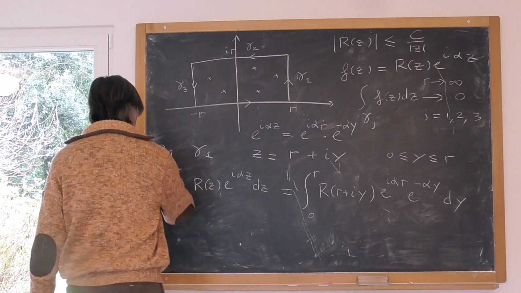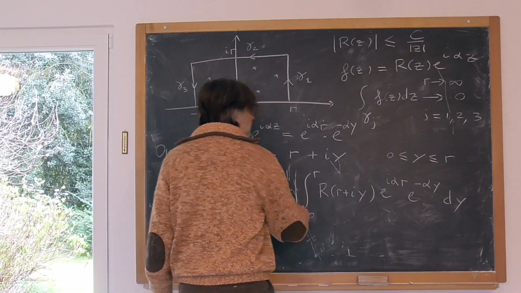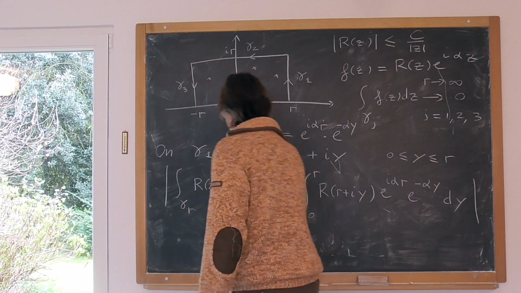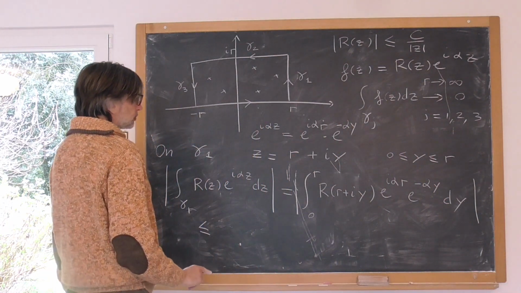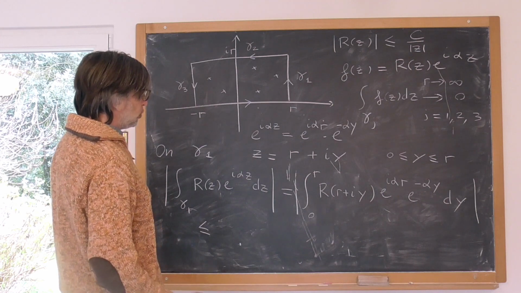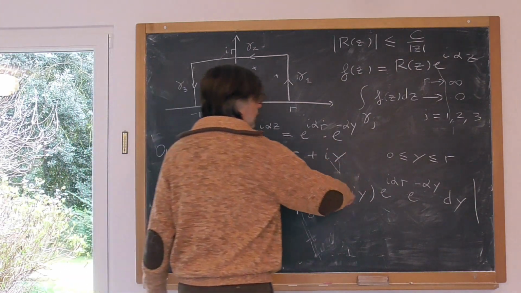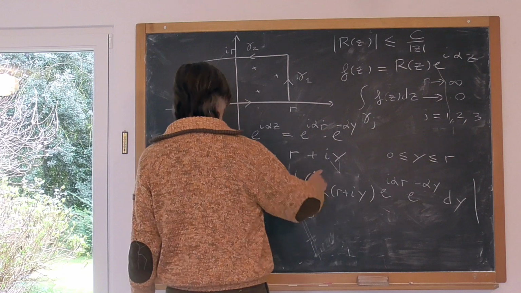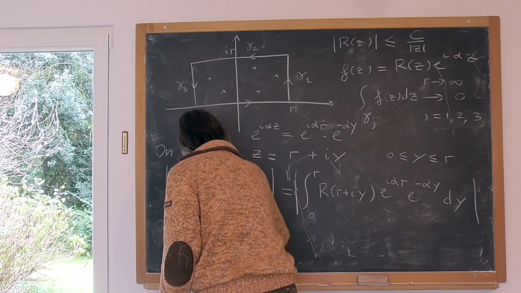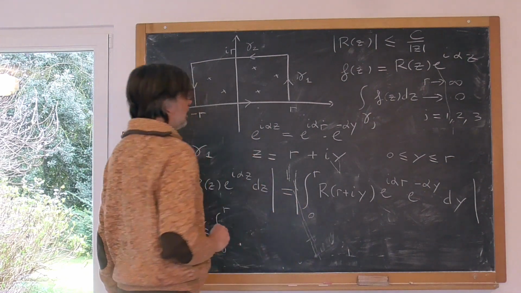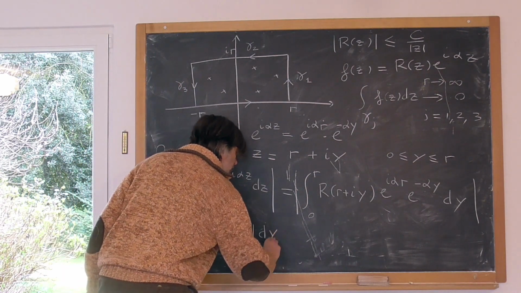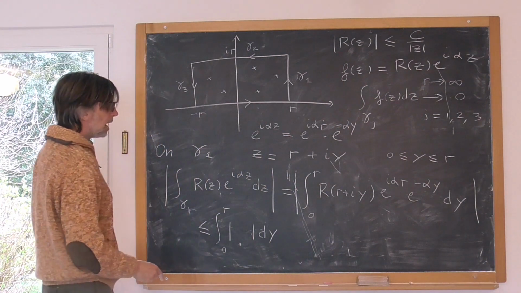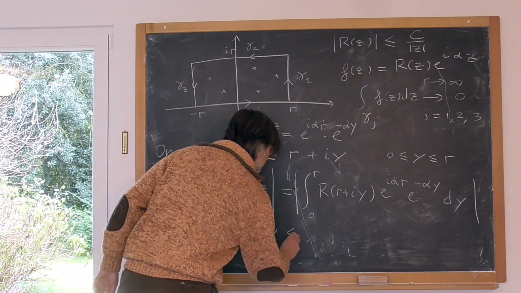And now we can put absolute values. To bound this, I can just bound it by the integral between 0 and r of the absolute value of the function inside, in dy. And for this, I have the bound.